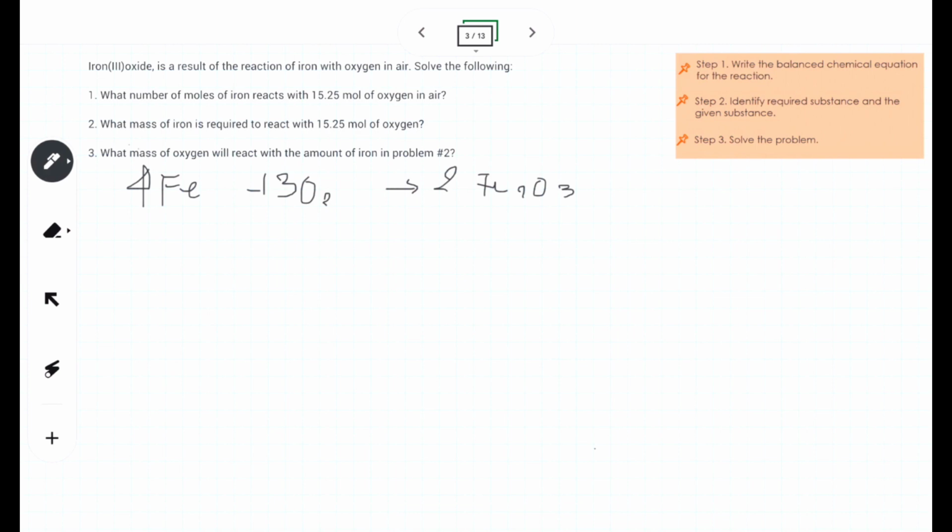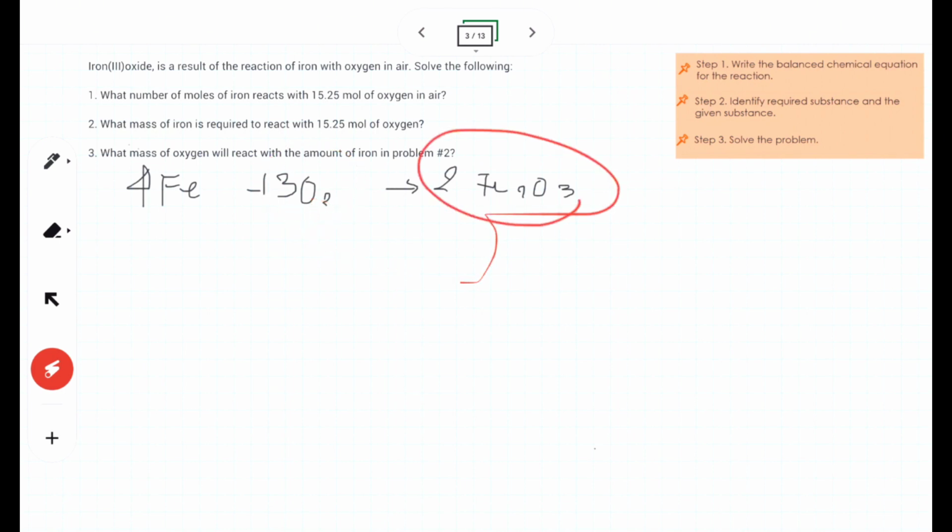You can derive mole relationships between reactants, between products, and between reactants and products where 4 mole of iron is equal to 3 mole of oxygen and 4 mole of iron is equal to 2 mole of iron oxide and 3 mole of oxygen is equal to 2 mole of iron oxide.